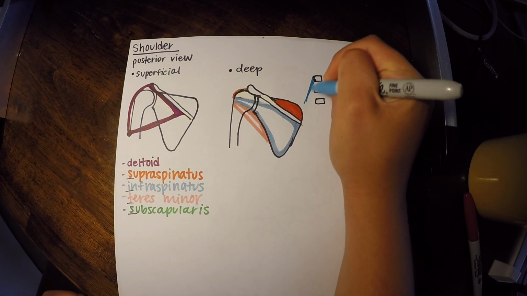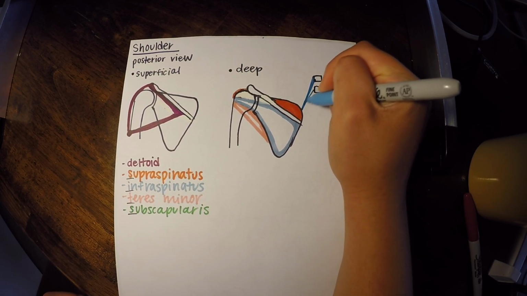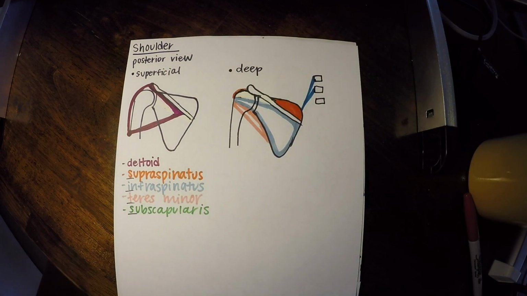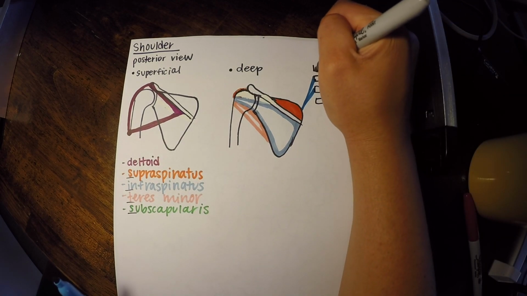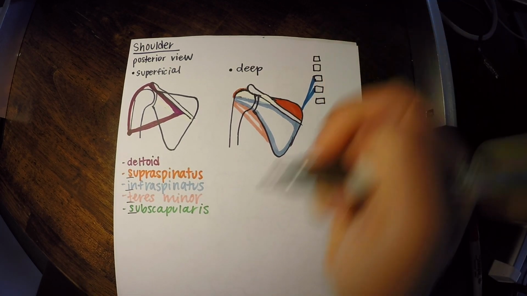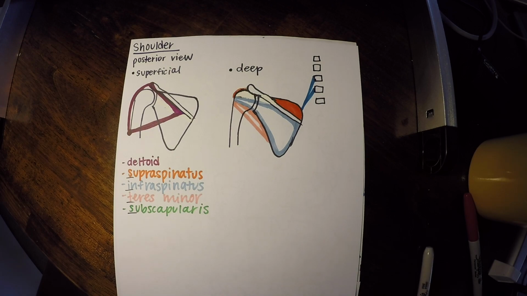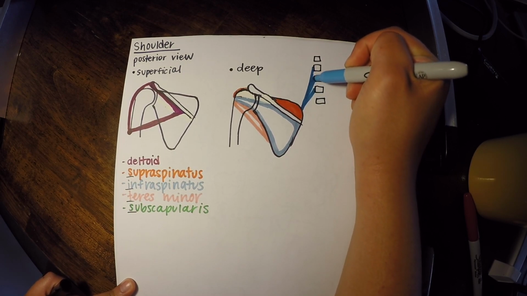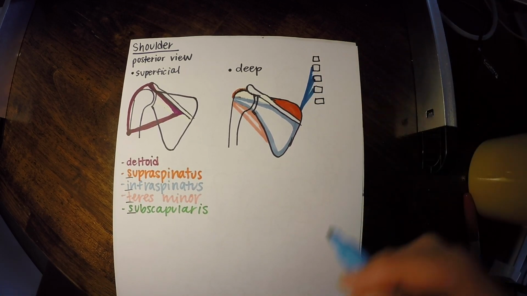So that's going to come here. And let me add a few more spinal segments in here. There we go. So it's basically going to go like this and attach onto our scapula.